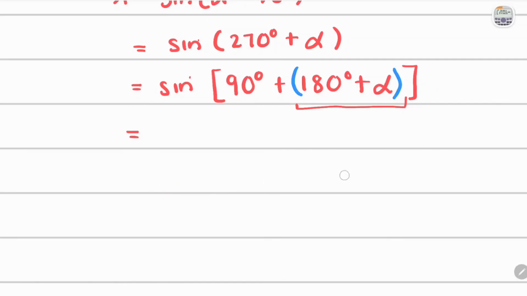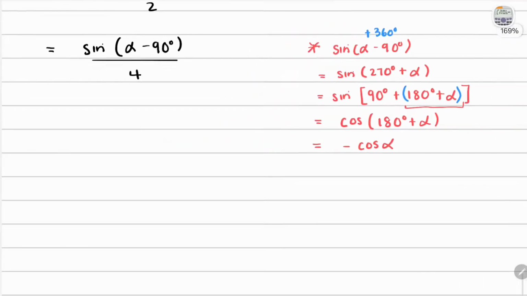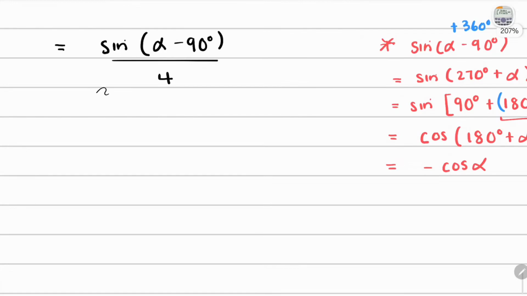So this is going to be using cofunctions. So cos of that angle, which is 180 degrees plus alpha. And if you simplify this using your reductions, this becomes negative cos alpha, since 180 degrees plus alpha is in tan's quadrant. So do you see how that becomes negative cos of alpha? So we don't have to actually write all of that, because that is a rule that you should know by memory. So that is negative cos alpha over 4.